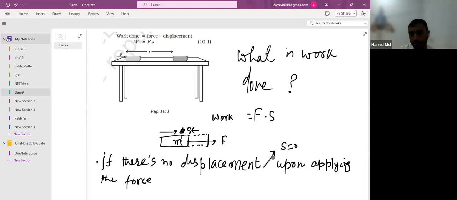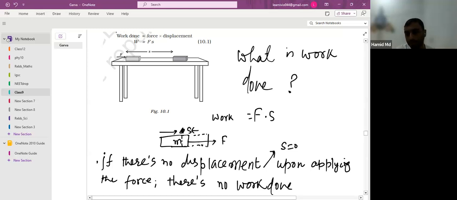If there is no displacement upon applying the force, there is no work done. Clear?